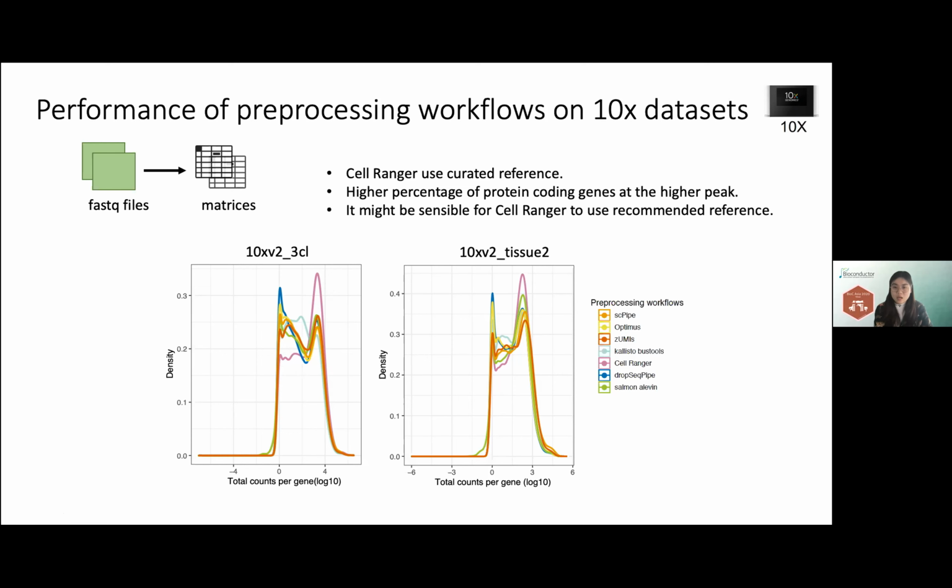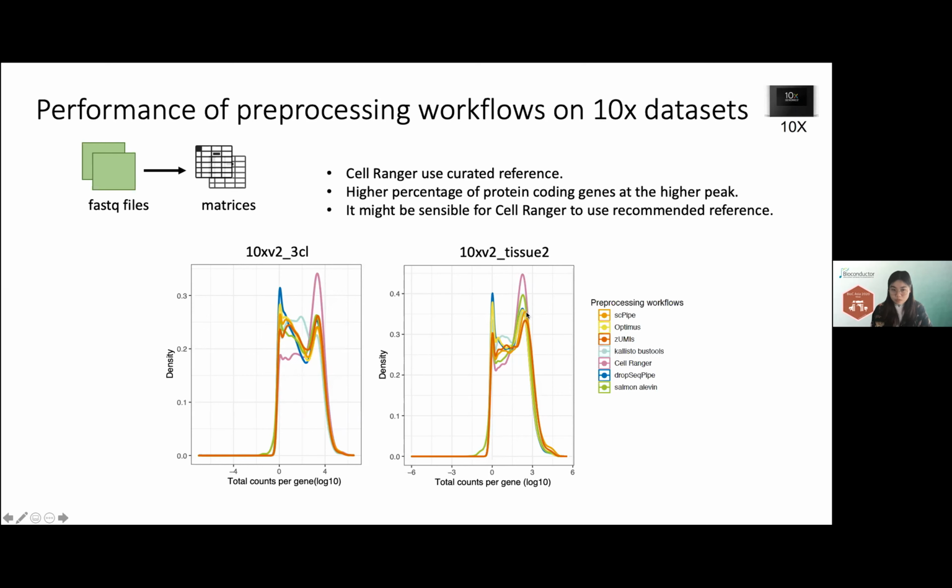So I guess this might be caused by the sequence similarity between the pseudogenes and protein-coding genes, because CellRanger recommends users to use a curated reference, which only contains the lncRNA and the protein-coding genes. In this way, the pseudogenes are excluded.